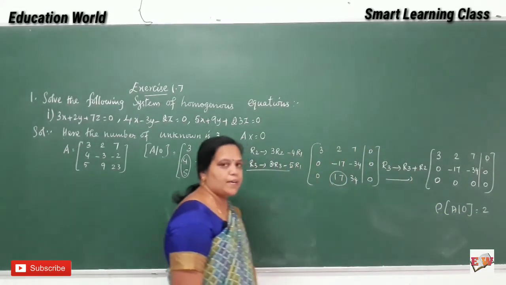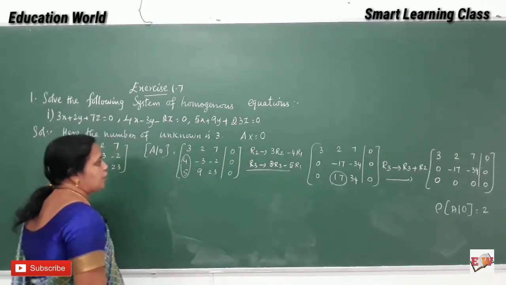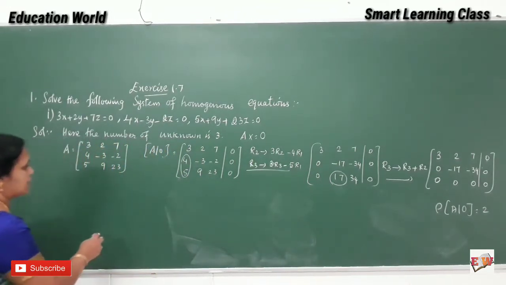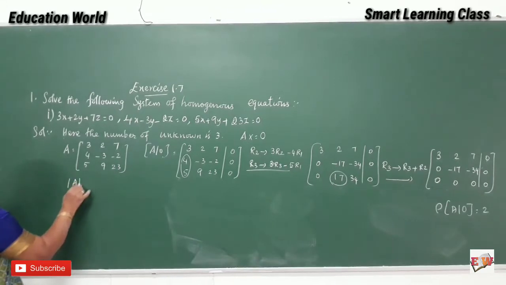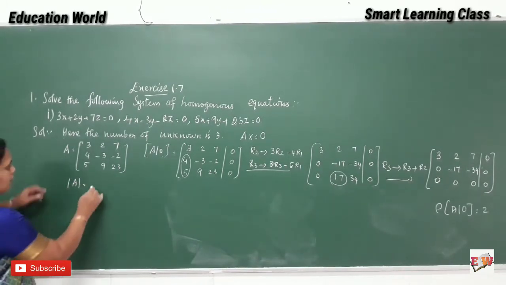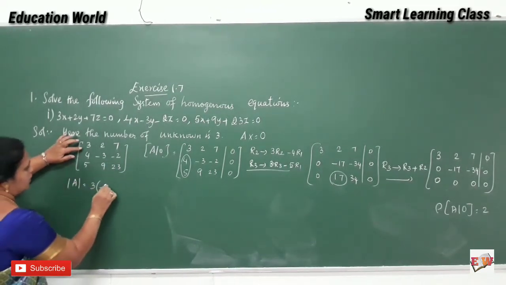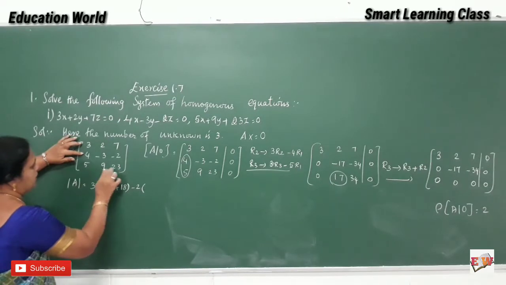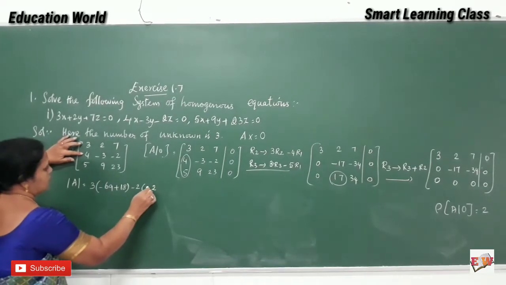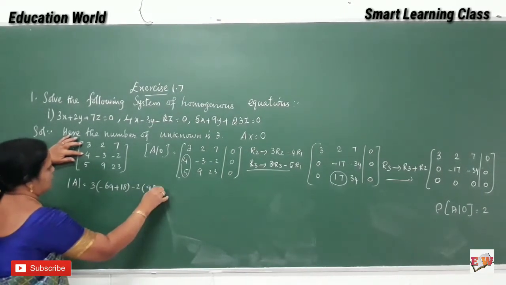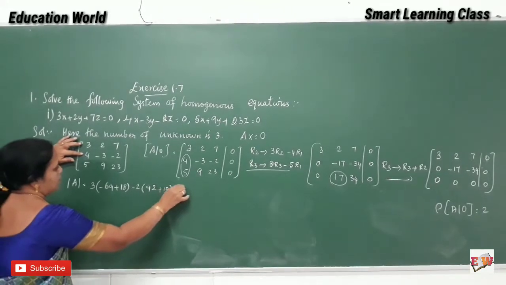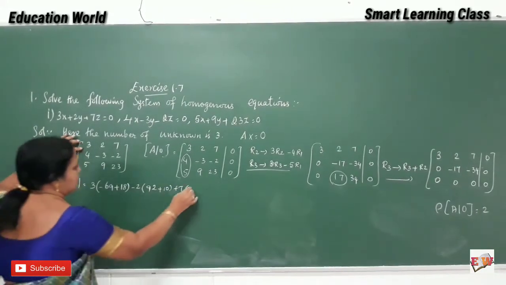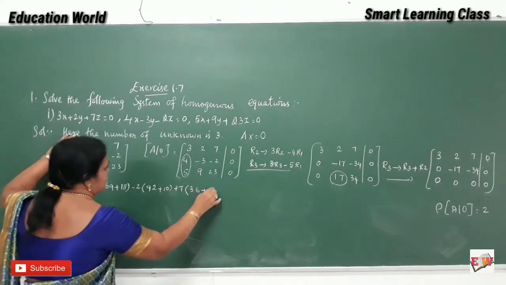We have to find the rank of the coefficient matrix, isn't it? So for that I am going to find the determinant of A: 3 into minus 69 plus 18, minus 2 into minus 46 plus 10, plus 7 into 36 plus 15.